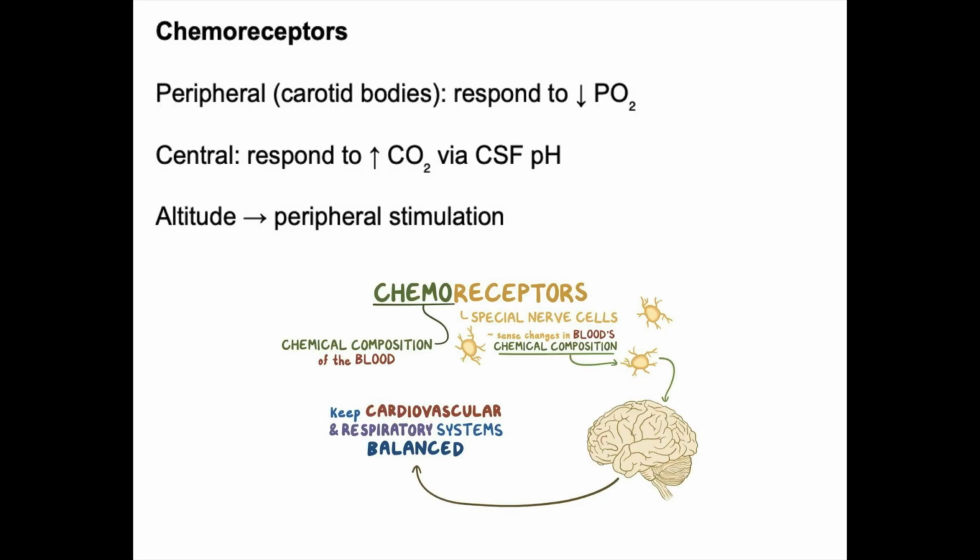This distinction is really clinically relevant because a lot of times you'll be given scenarios where people have adapted to high altitude environments, or have lived with COPD for a long time, and the question will ask, due to living with COPD for such a long amount of time, what is the primary driver of inspiration in this patient? And literally all they're getting at is, okay, do you know the fun fact that the peripheral system becomes more dominant when you have chronic CO2 retention?